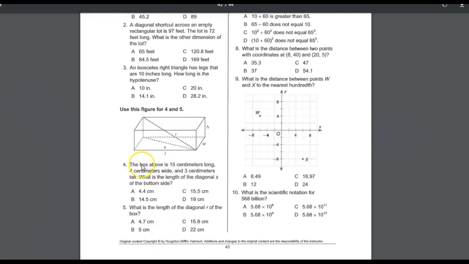Number 4, you use this figure for 4 and 5. The box above is 15 centimeters long and 4 centimeters wide and 3 centimeters tall. What is the length of the diagonal S of the bottom side? So we know if they're wanting to find S, they told us that this side would be 15.